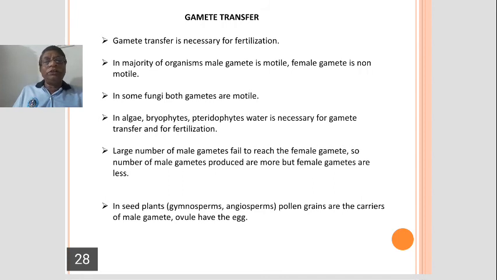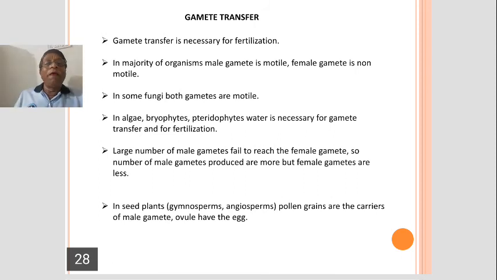For what? For fertilization. How does it happen? This takes place by gamete transfer. That is, during sexual reproduction, gamete transfer is necessary for fertilization.